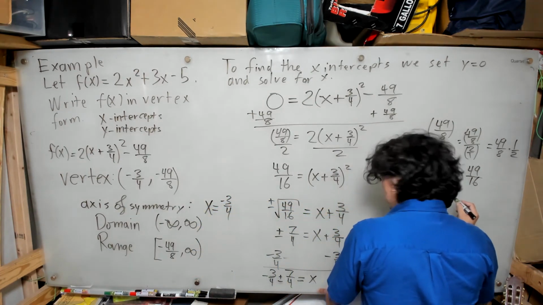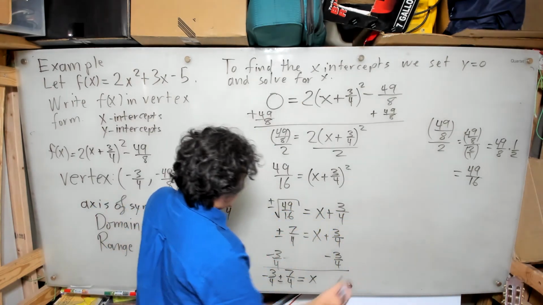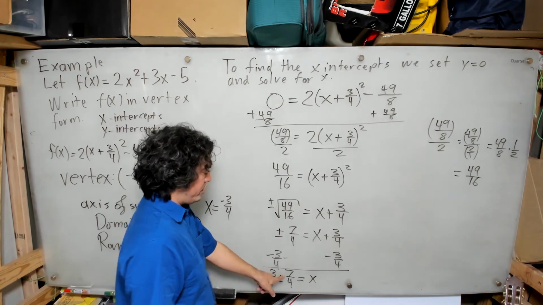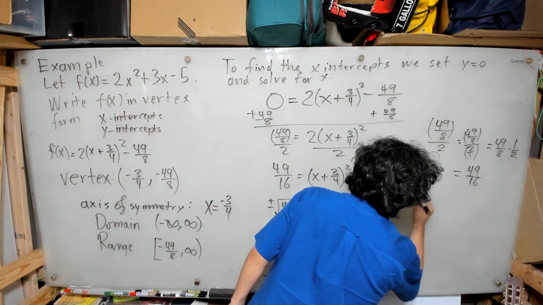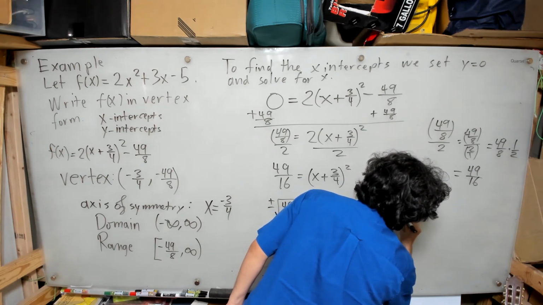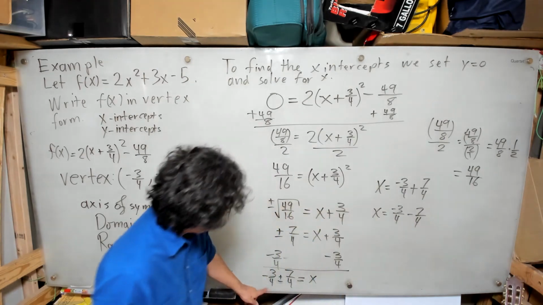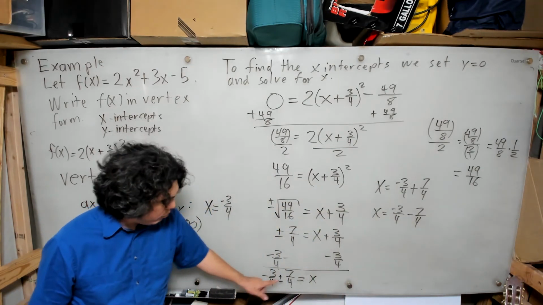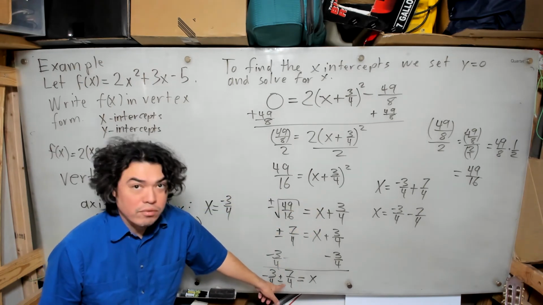For example, x equals negative 3/4 plus 7/4, or x equals negative 3/4 minus 7/4.